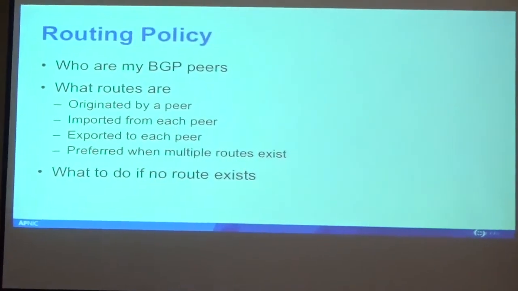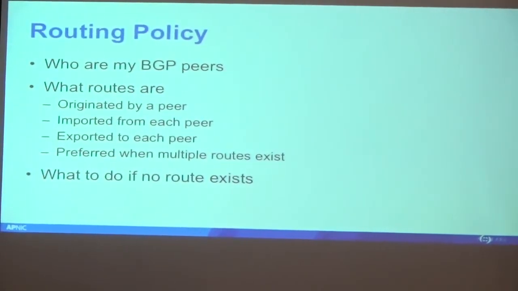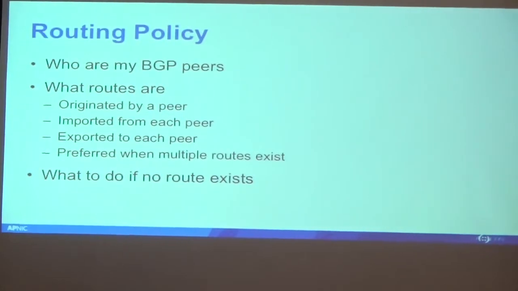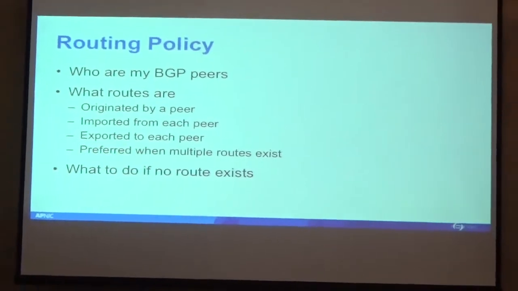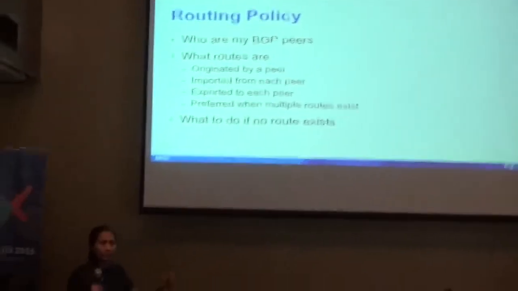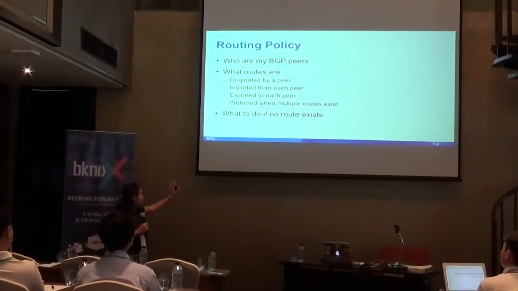And if you have multiple possible routes, what do I prefer? Based on my policy, where should I go? Should I go to link A, link B, link C, etc.? And how can we influence that? By creating our own routing policy. Does that make sense?